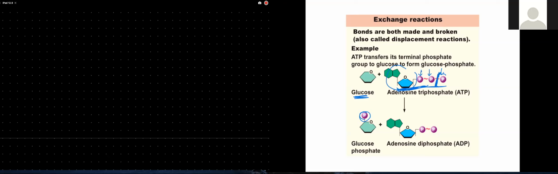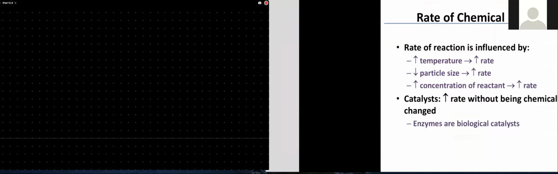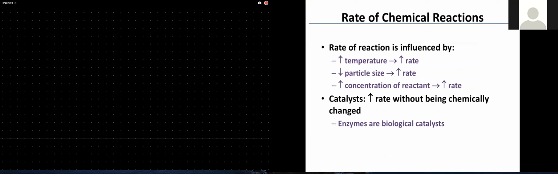You're going to be breaking down the bond between those 2 phosphates and the third one, and transferring this phosphate to be attached to the glucose. Here we're looking at an exchange reaction.